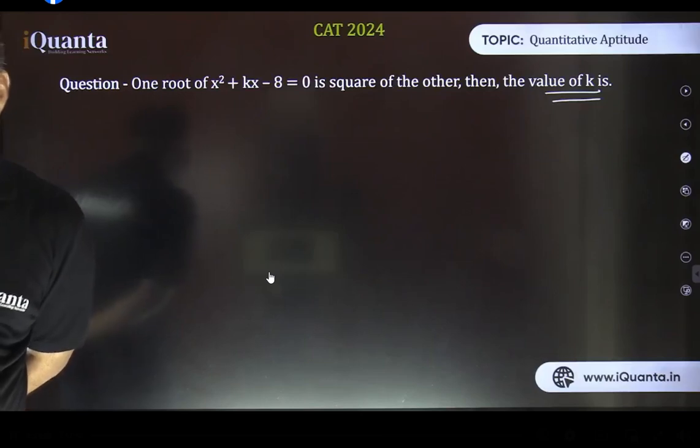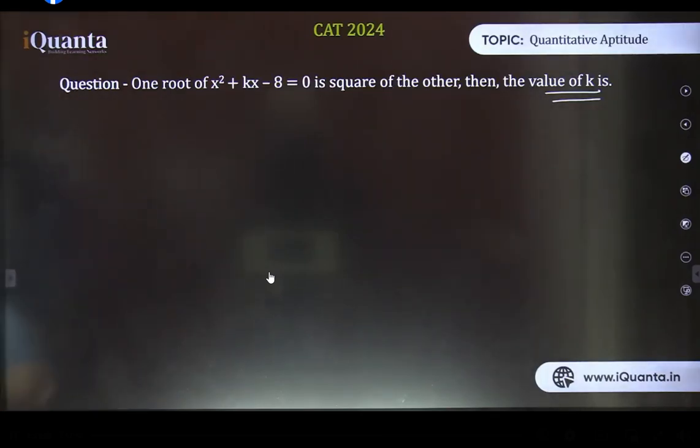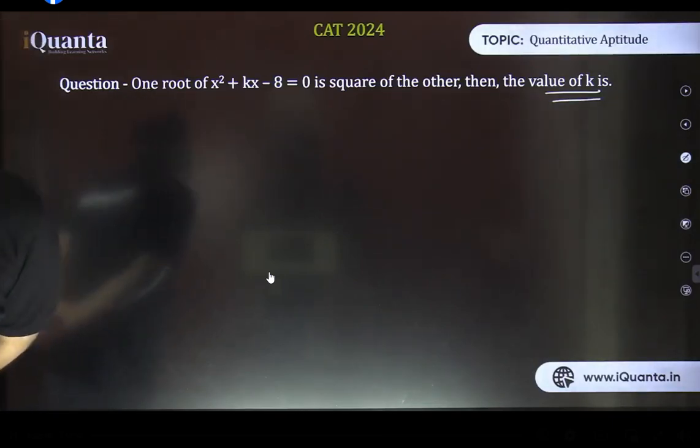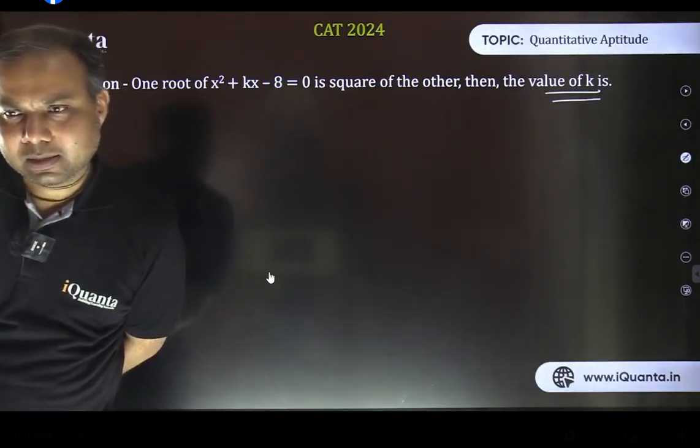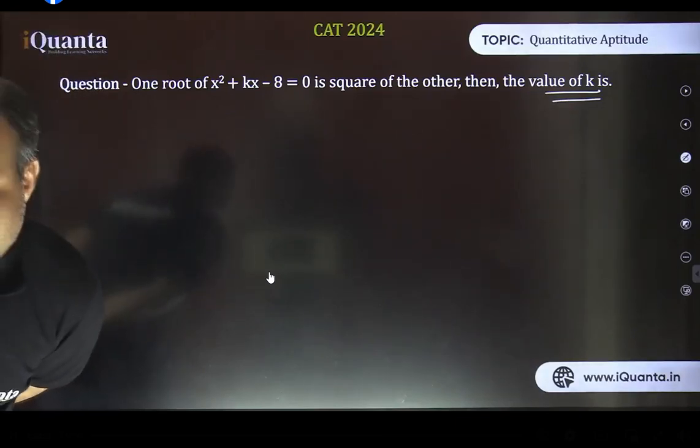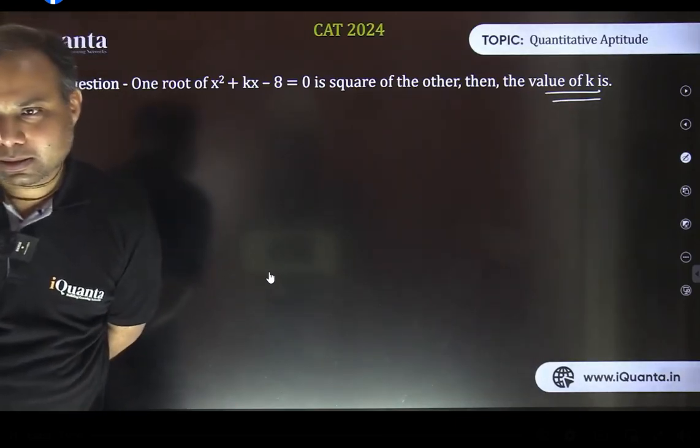Please recheck. Getting different answers is not a good way. Again, I'm seeing many different answers here. 2, −2, somebody is saying 6 also. Divyansh says 4 root 2. What have you done, brother?